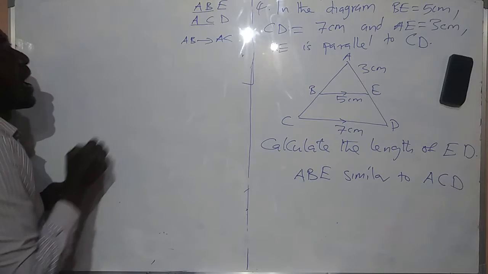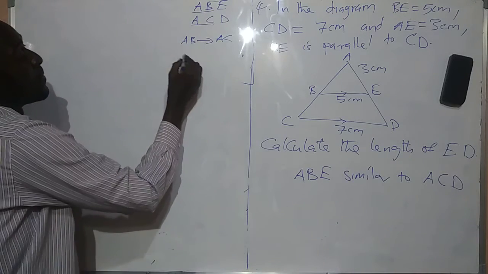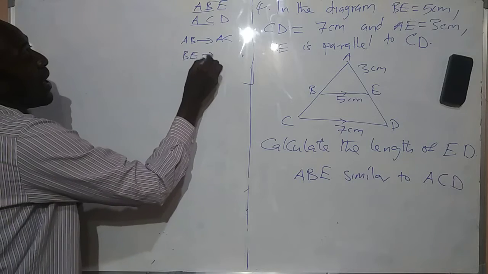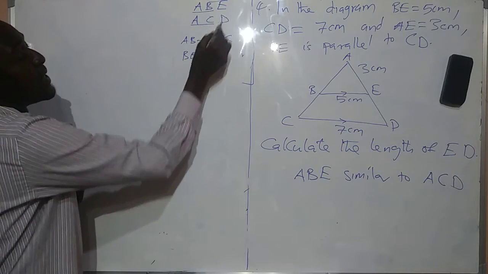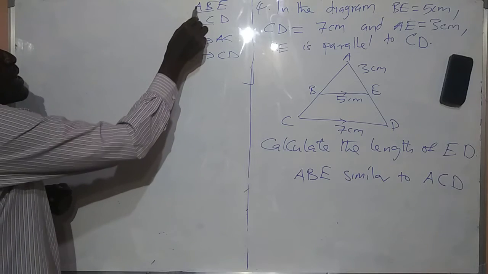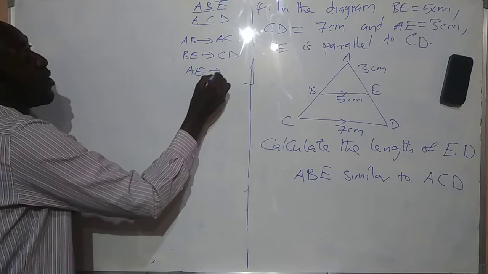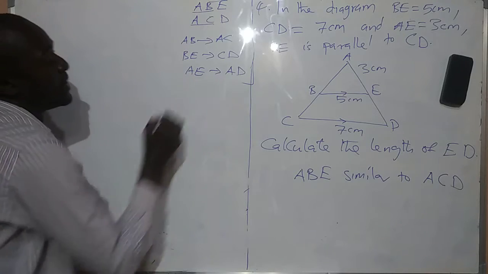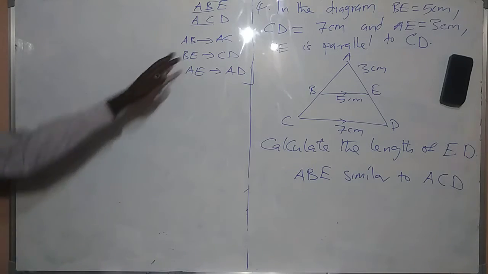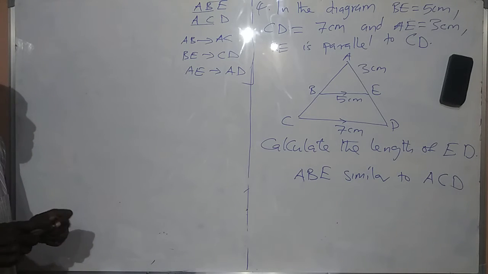And then the next 2 letters, B and E, are corresponding to C and D. And then the first and the last, AE, corresponds to AD, the first and the last. So this is very important when you are solving these questions on similarity.